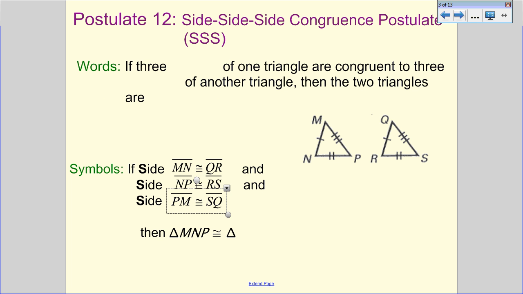All right, so our first thing is Postulate 12, the side, side, side congruence postulate. What that says is that if three sides of one triangle are congruent to three sides of another triangle, then the two triangles are congruent.